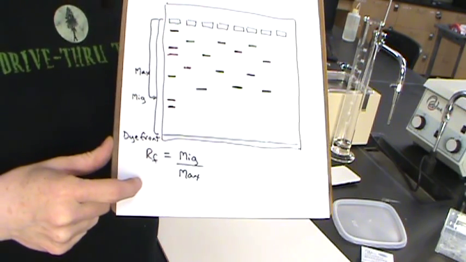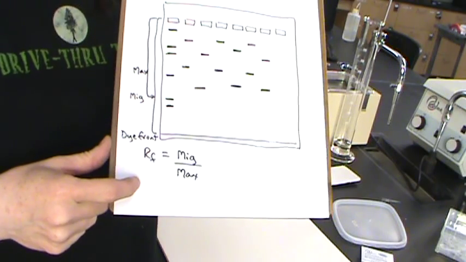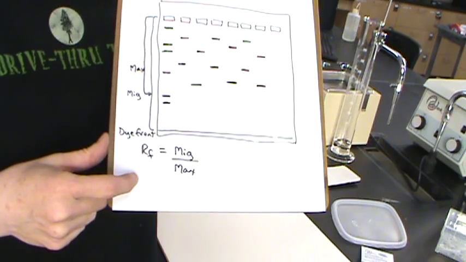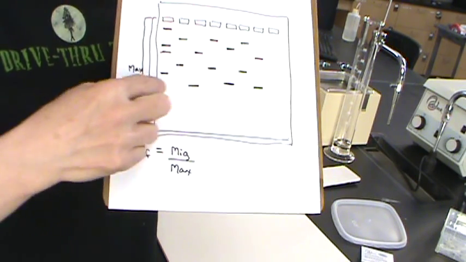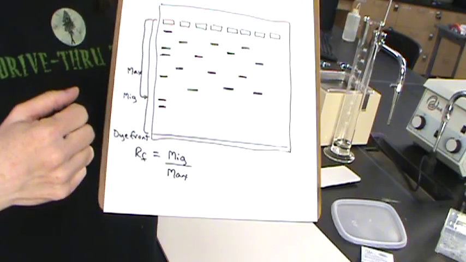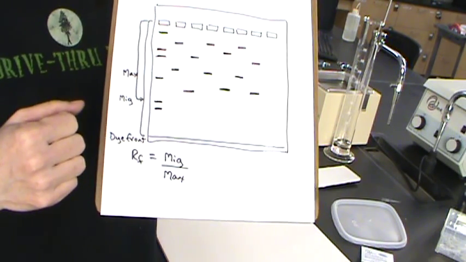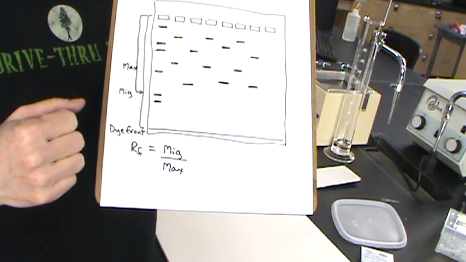As usual, you'll do that on Excel. For the linear relationship, you'll determine the equation that describes that, and then you'll measure the RFs for these other bands, plug those values into that equation, and determine the size of those fragments.